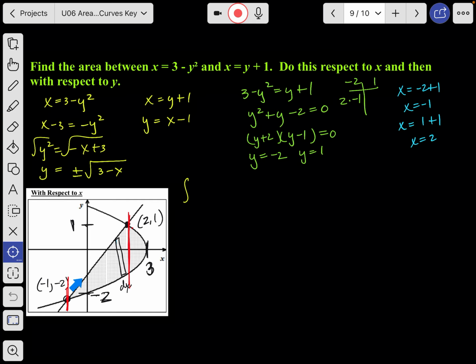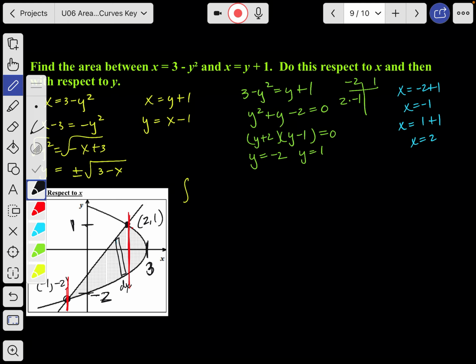I'm going to have this one where the linear is on top of the quadratic from -1 to 2, and then from 2 to 3, I've got the positive quadratic on top of the negative quadratic. And so let's go ahead and write these integrals. So from -1 to 2 of the linear, and these are verticals, so solve for y.